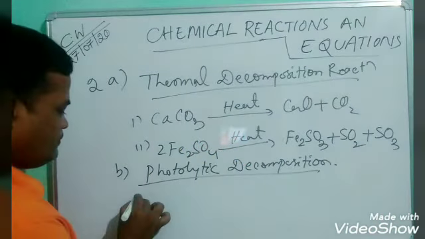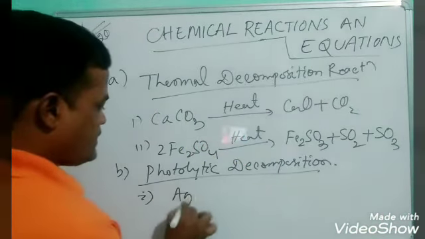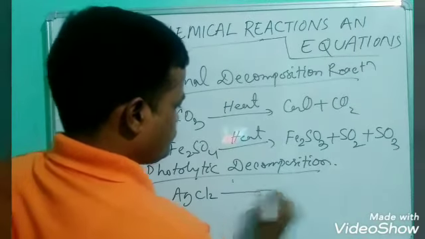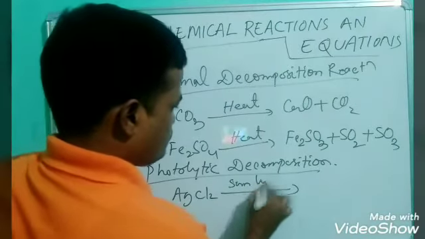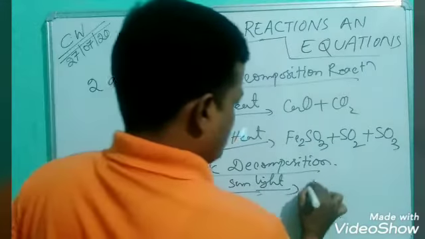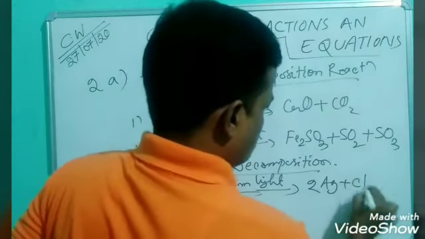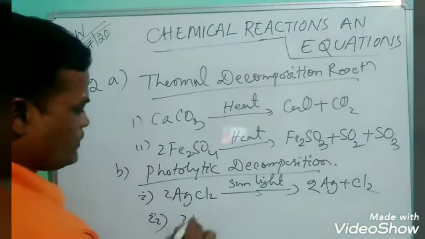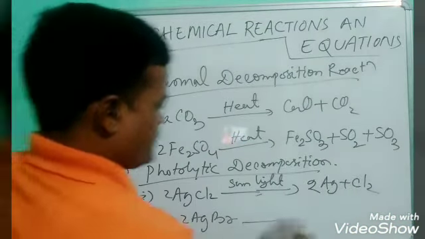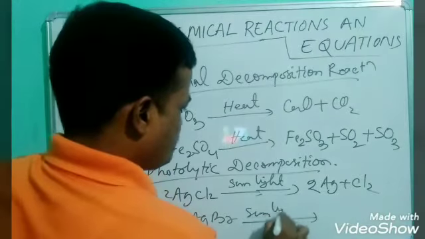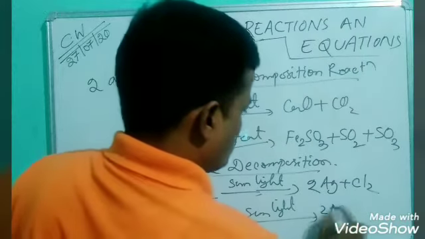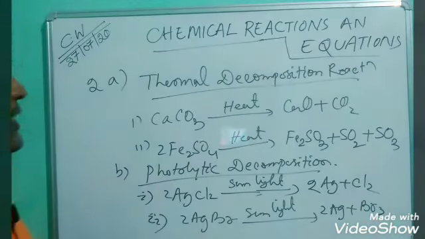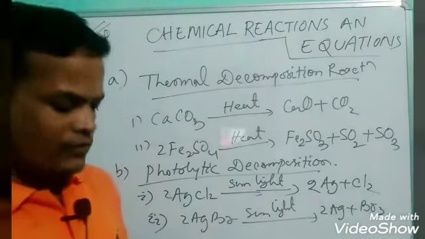Let us see an example. AgCl in the presence of light gives Ag plus Cl2. Next example, we can say 2AgBr in the presence of sunlight gives rise to Ag plus Br. So this is called photolytic decomposition reaction, which takes place in the presence of light.